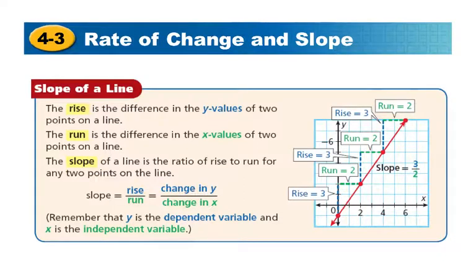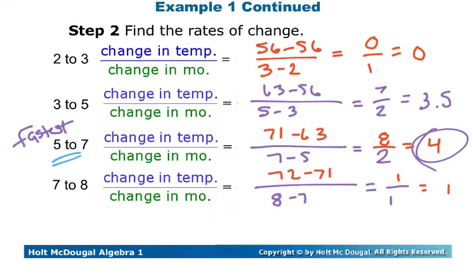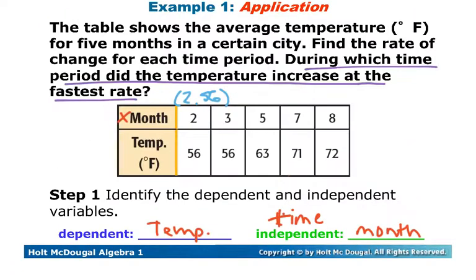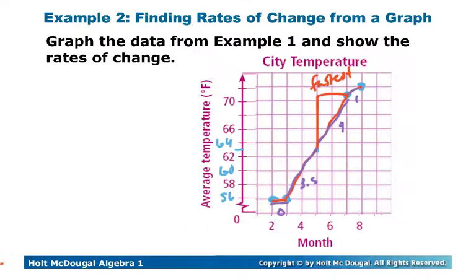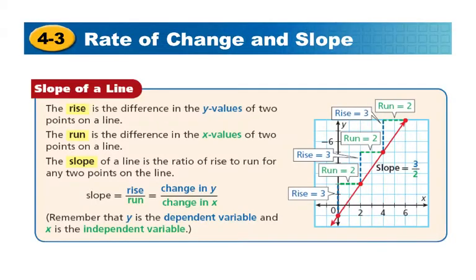The slope, other than calling it dependent and independent, comes from a rise over a run. And so again, previously we had talked about them being dependent and independent, and so our rise ended up being the dependent, and our x ended up being the independent.